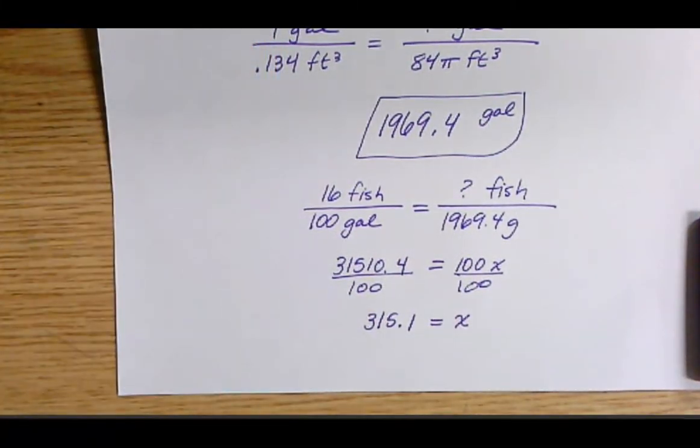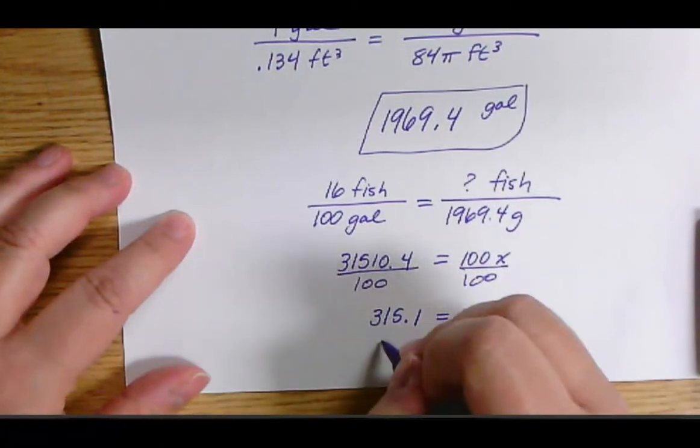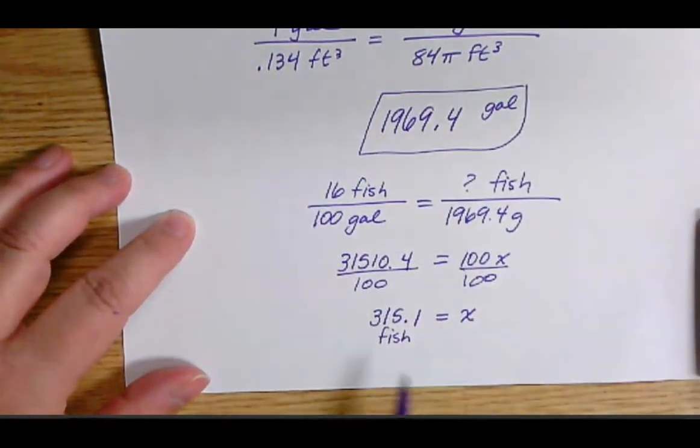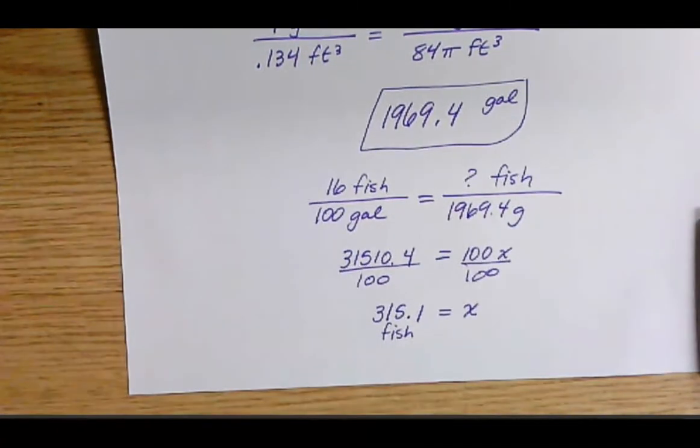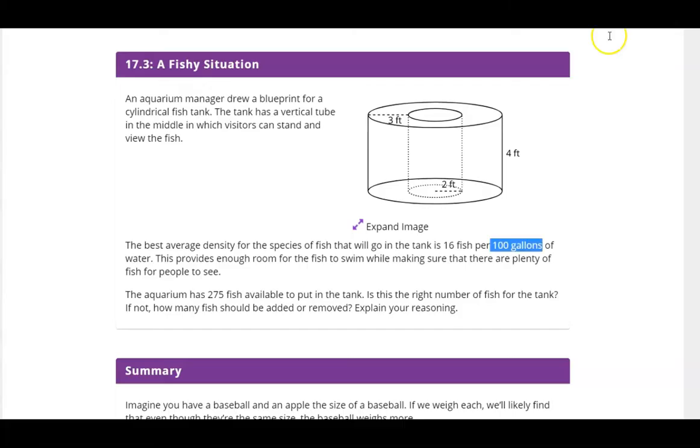So this is how many fish I need in that amount of water. Or is it? It's how many fish basically is the best average density for the fish. This provides enough room. So this is my ideal, 16 fish per 100 gallons. It's not like the max or anything. So according to that, my ideal for this particular tank would be 315 fish.